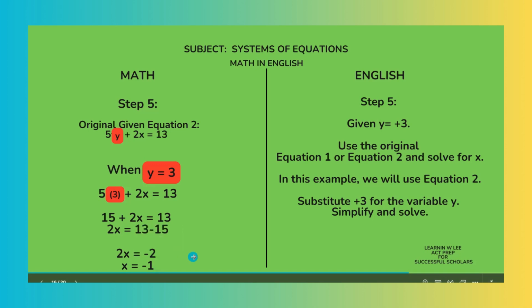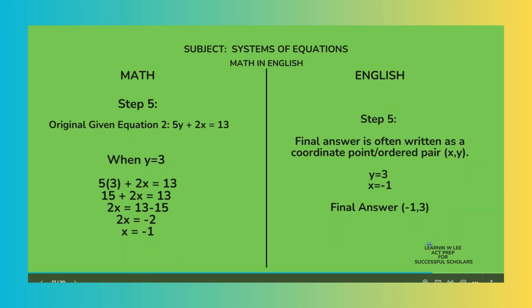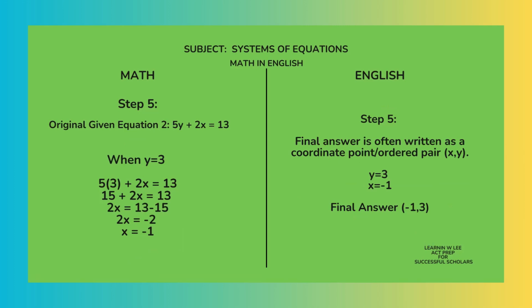So our x value is equal to negative 1. All right, so your final answer is often written as a coordinate point or ordered pair, where your x value is the first number in parentheses separated by a comma, and the y value is the second value in the parentheses. So our final answer can be written as negative 1 comma 3.